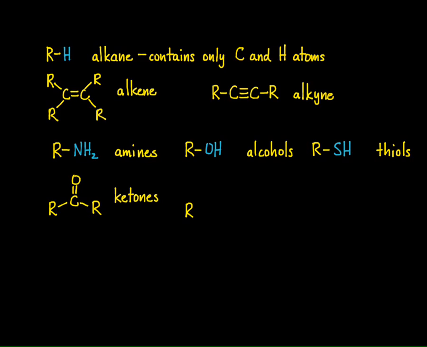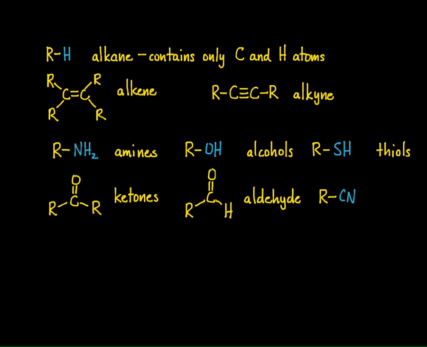Now, if the carbonyl has a hydrogen coming off of it and a carbon skeleton, it's called an aldehyde. So ketones and aldehydes are similar to one another. We're going to see they have similar reactivities, but they are separate functional groups, right? A ketone has two R groups, an aldehyde has one R group and a hydrogen coming off of it.